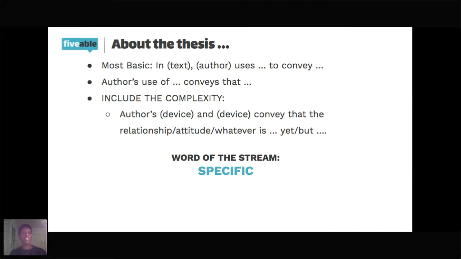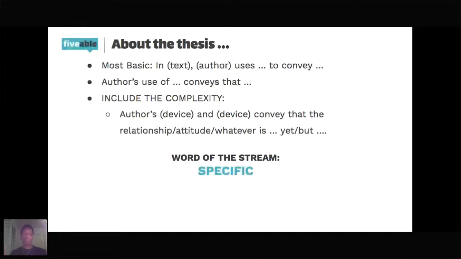So if you have simile and metaphor convey the relationship was blooming but is now dying, then your assertions or topic sentences are going to have simile and metaphor to establish the blooming of the relationship, and also simile and metaphor to establish the dying of the relationship, or however it works, right? It might be 7 similes to establish the blooming and 7 metaphors to establish the dying. It usually doesn't work out that way.